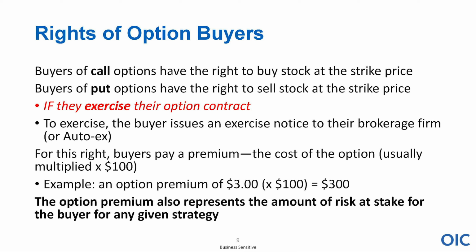I could also exercise the option. When exercising the option, I let my broker know that I own 5 contracts on XYZ, the stock, and I would like to exercise my option. If it's a call option, I would like to take delivery of 100 shares times 5 contracts.